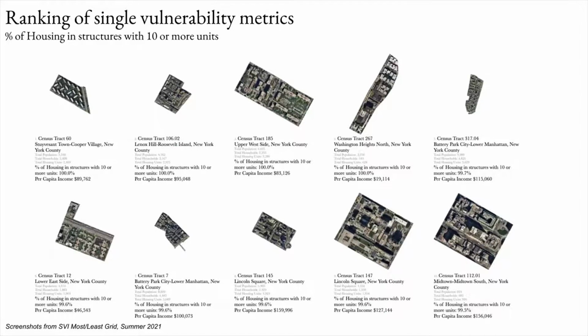We can see here, as we first saw in the maps in the previous slide, that areas with high concentrations of large residential buildings cover the lowest income areas as well as the highest. Here, number 4 on the slide, tract 267 in Washington Heights, has some of the lowest income in the city, while number 9 and number 10 in Midtown South have some of the highest.